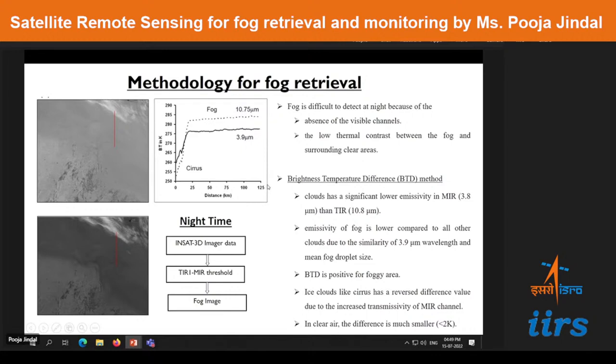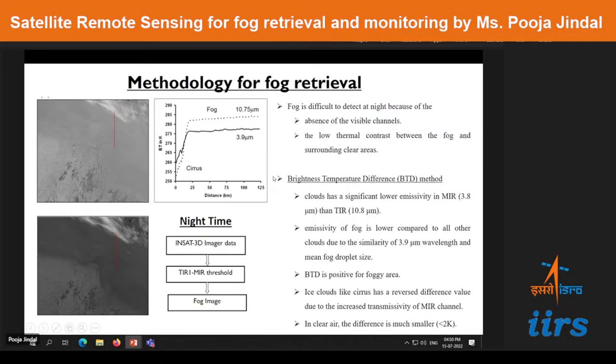This is because of the similarity of the 3.9 micrometer wavelength and the mean fog droplet size. So I repeat, because of the lower emissivity of fog in the 3.9 micrometer channel, this difference is positive. And why is the emissivity low? Because of the similarity of the fog droplet size with the 3.9 micrometer wavelength. Therefore, this difference is positive over the foggy area.